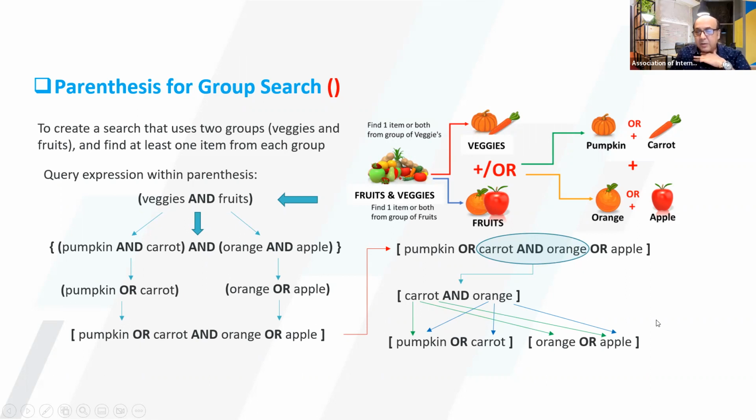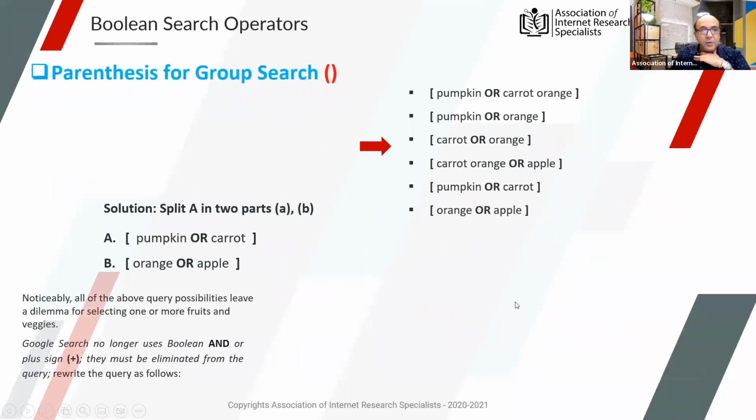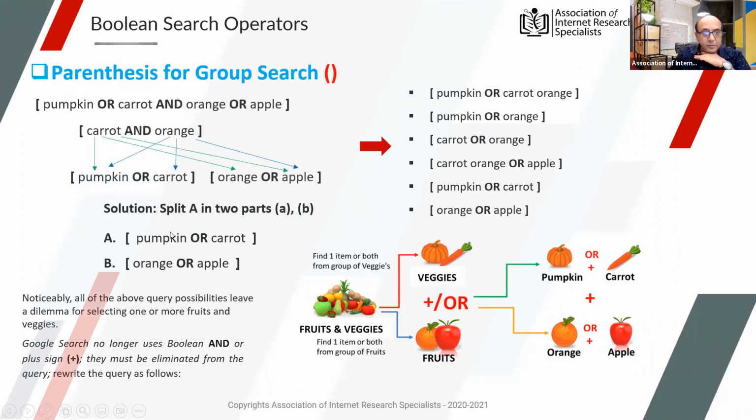In the sense of how you would be able to overcome this situation, it is best to split the query in two parts, where you would do pumpkin or carrot as a separate search and do orange or apple as a separate search. And then looking at the results, you would be able to find those options working with OR.